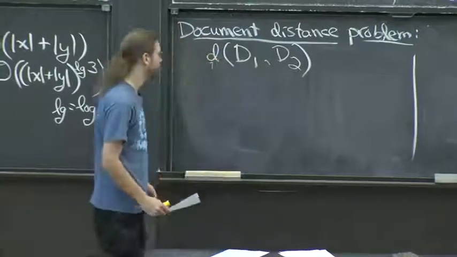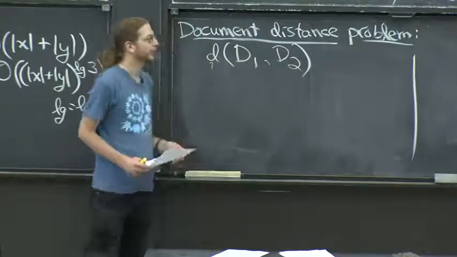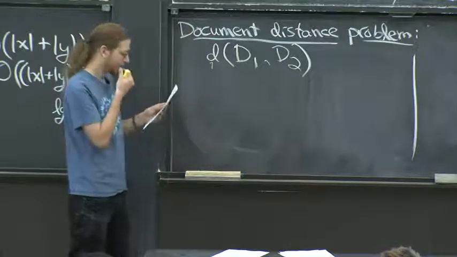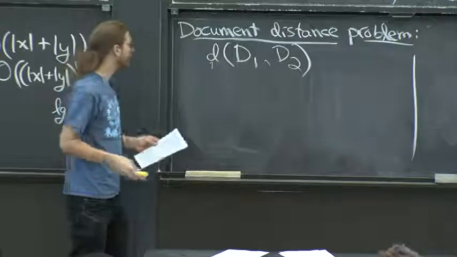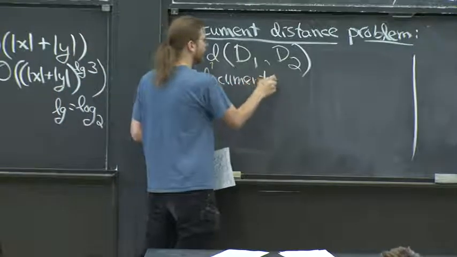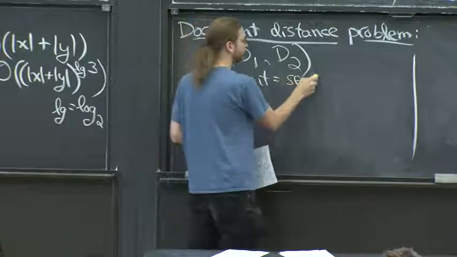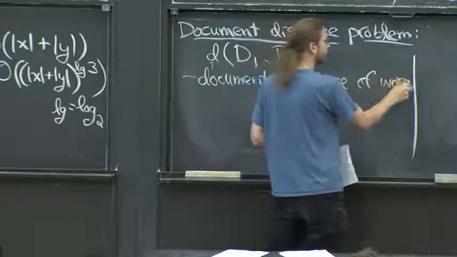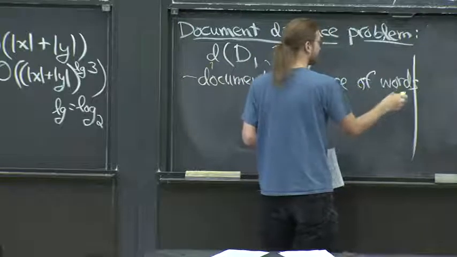It's partly also just a toy problem. It lets us illustrate a lot of the techniques that we develop in this class. All right. I'm going to think of a document as a sequence of words. Just to be a little more formal, what do I mean by a document?